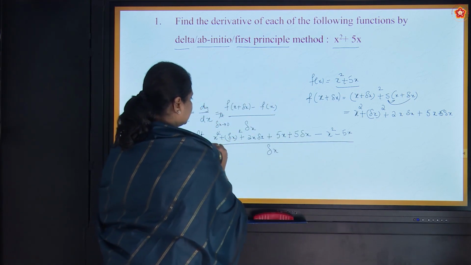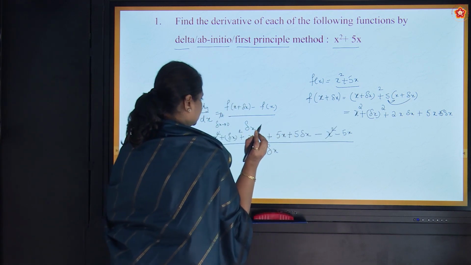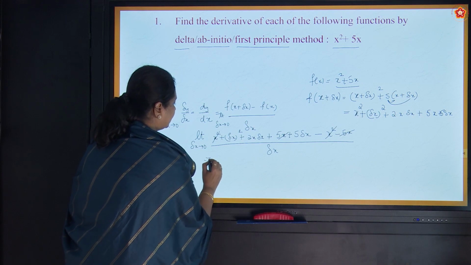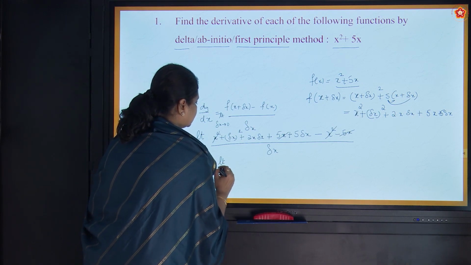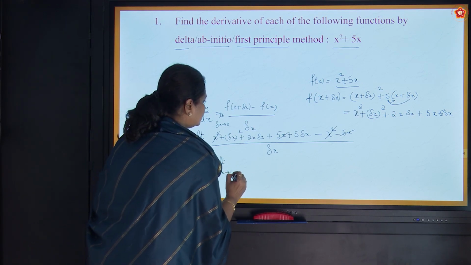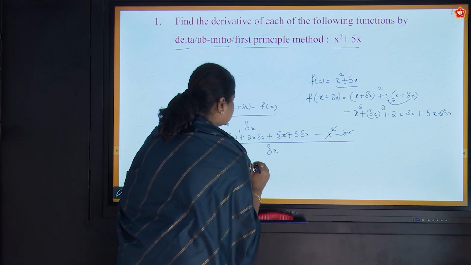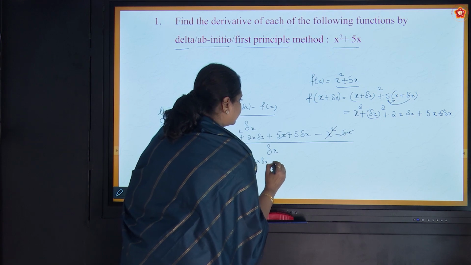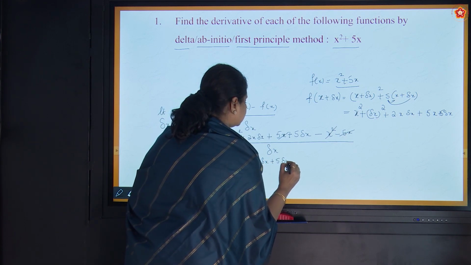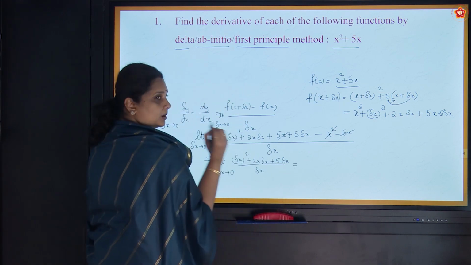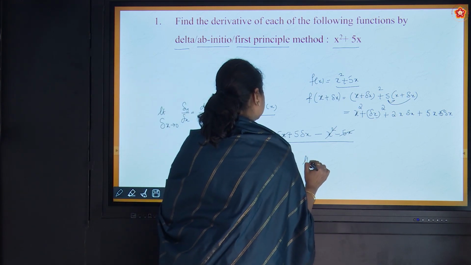So what happens? My x square and x square goes off, 5x minus 5x. So here I have limit delta x tending to 0, delta x the whole square plus 2x delta x plus 5 delta x by delta x. So I can see that delta x is common across on the numerator.